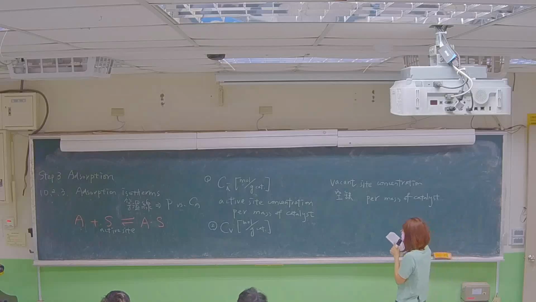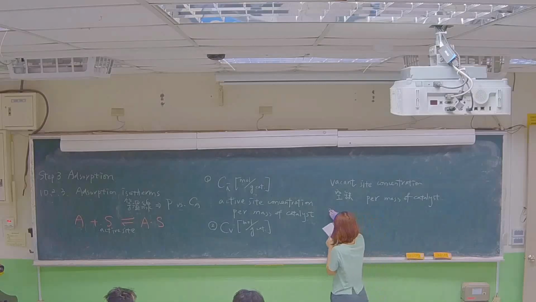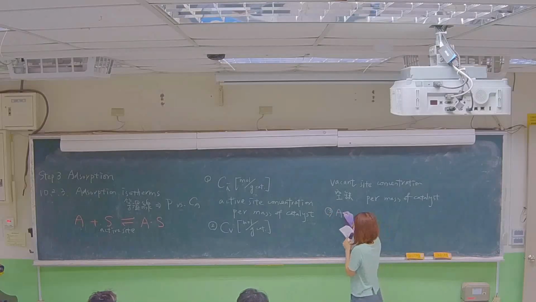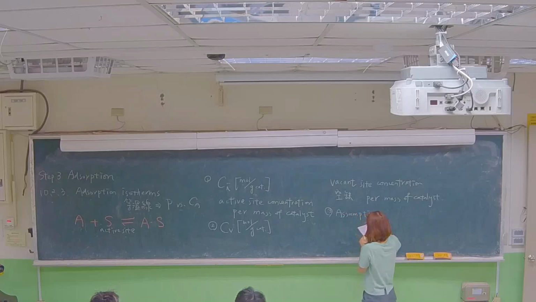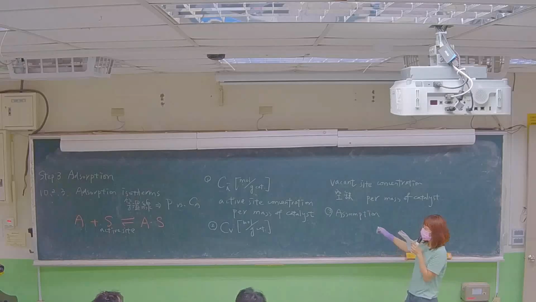So now we define the CI, CV, and the third one is assumption. Third one is assumption. So the assumption means in real world.